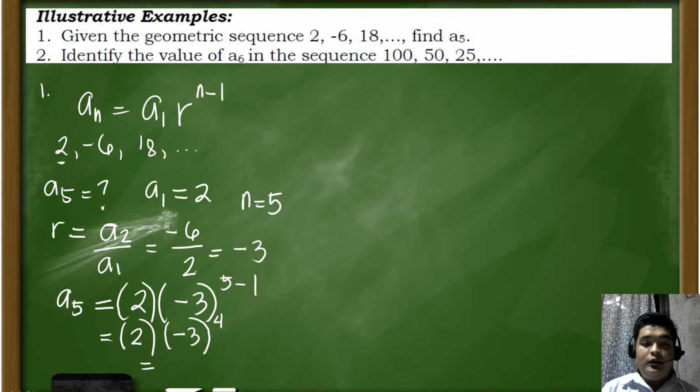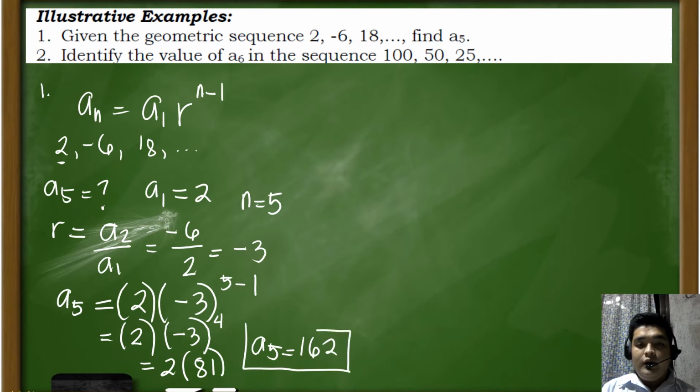Again, following PEMDAS, we operate the exponent first. What is negative 3 raised to 4? Very good, that is positive 81. So our a sub 5 is 81 times 2, which is 162. This is the fifth term of the geometric sequence.